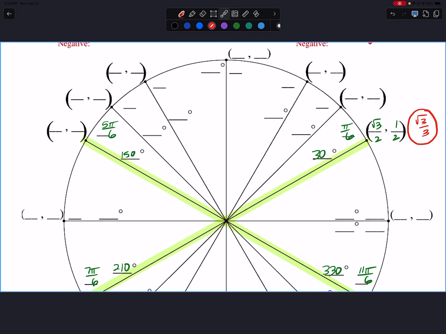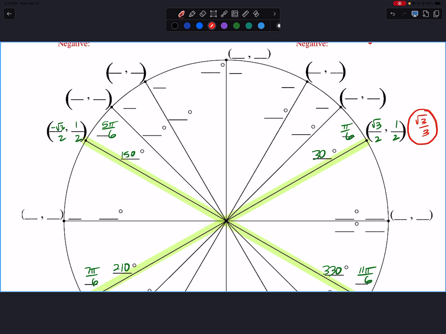Okay? The only thing that's going to change, everything is the same except the signs change. So same numbers, which one becomes negative here, x or y? X. So this is going to be negative root 3 over 2 comma 1/2. Remember, tangent is y over x. What's a positive divided by negative?